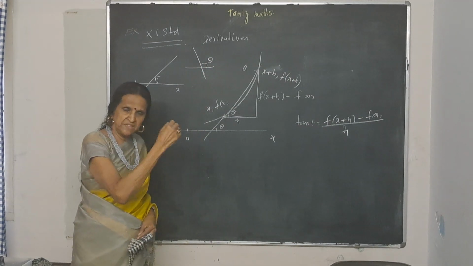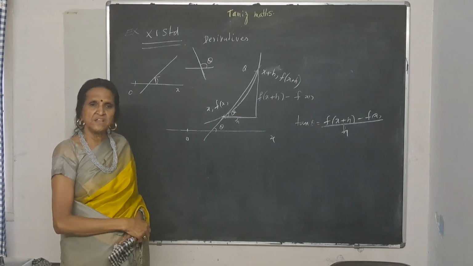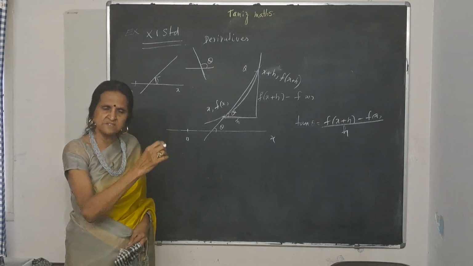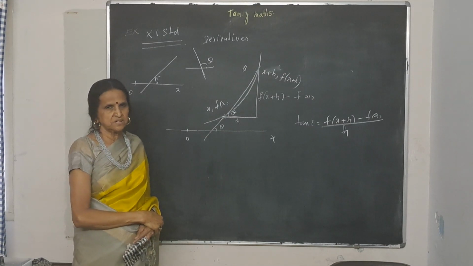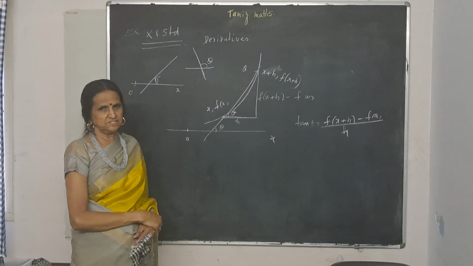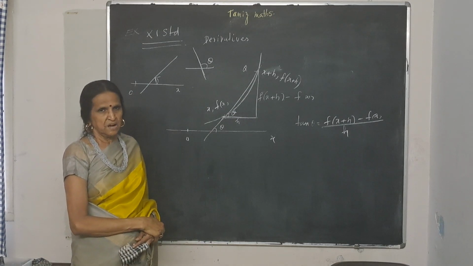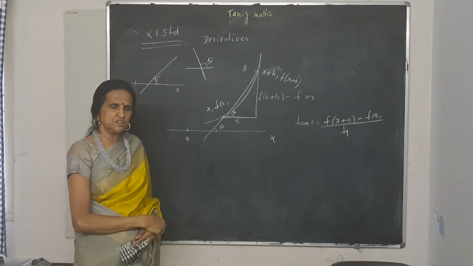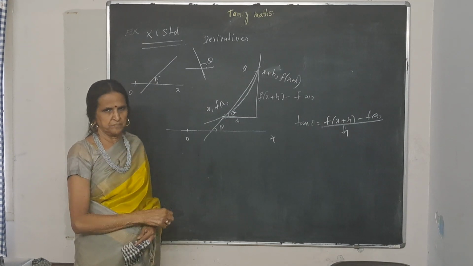When there is something rising and when there is something falling, there is always a rate at which it rises and a rate at which it drops down. The rate at which it rises or falls is actually the slope.